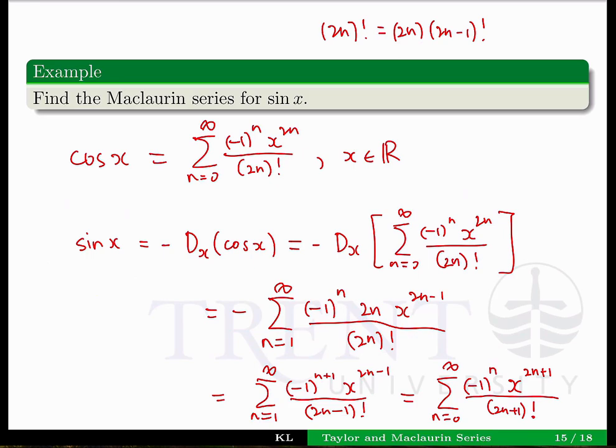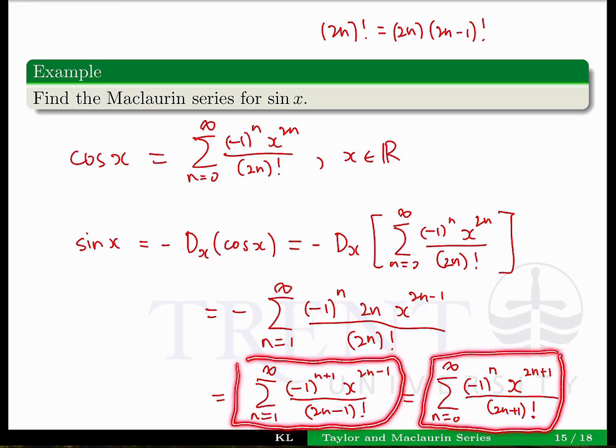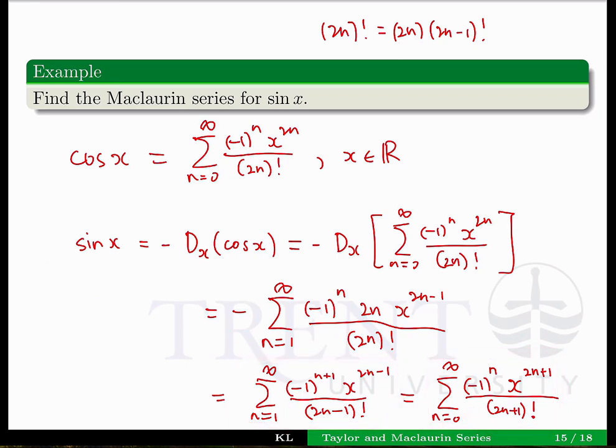So you may find in different references that your sin x is equal to this one or this one. But take note, the main difference is the starting point. Okay? So again, I'll just put the summary on the next one here.